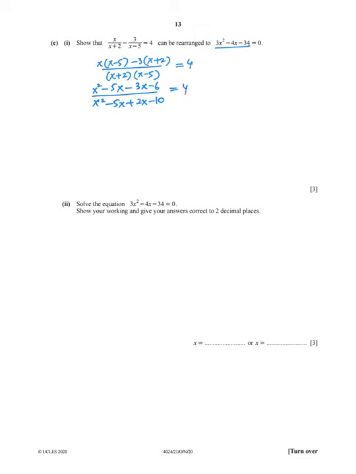In the numerator it will be x square minus 8x minus 6. In the denominator it's x square minus 3x minus 10 equals 4. So x square minus 8x minus 6 equals, when I shift to the right side, multiply with 4.